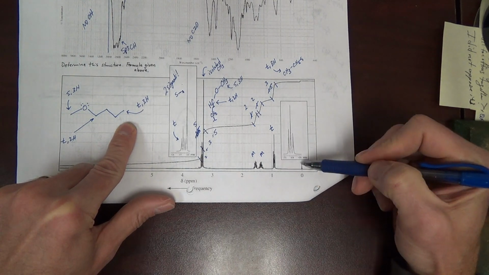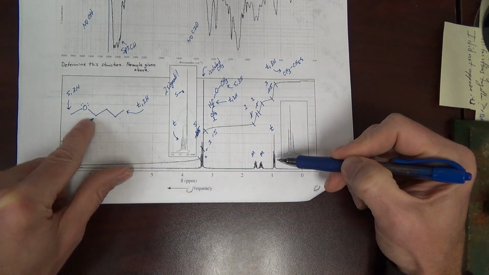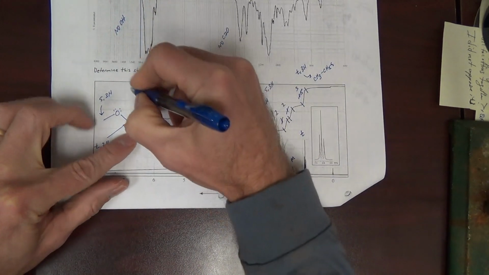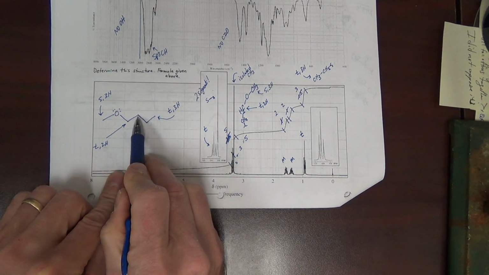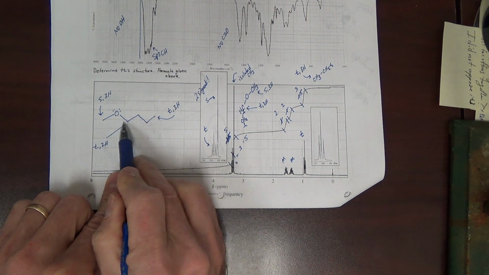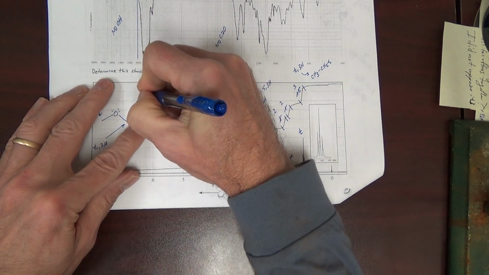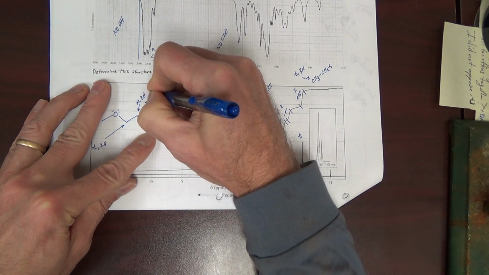And it's the most upfield, furthest away from oxygen. The other two is 2H. But what would this signal be in terms of splitting? Complex splitting. Splitting from both sides. This is going to be a multiplet 2H. And multiplet 2H.